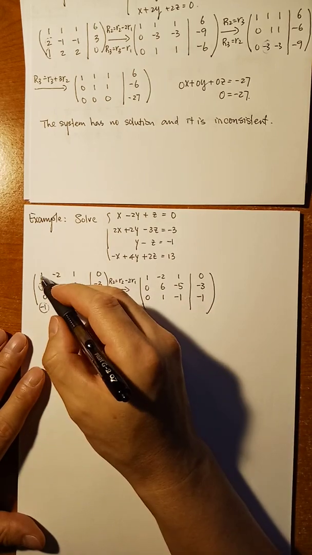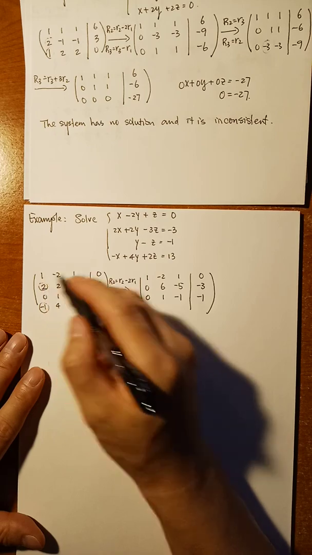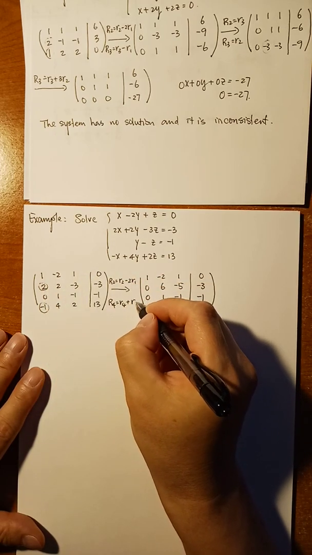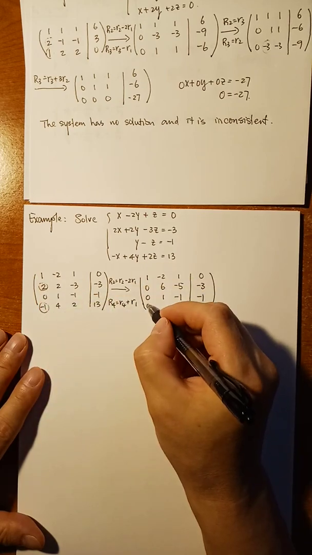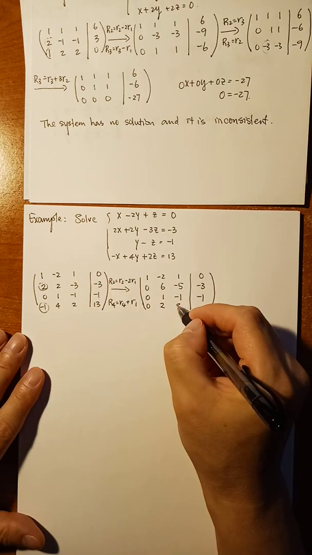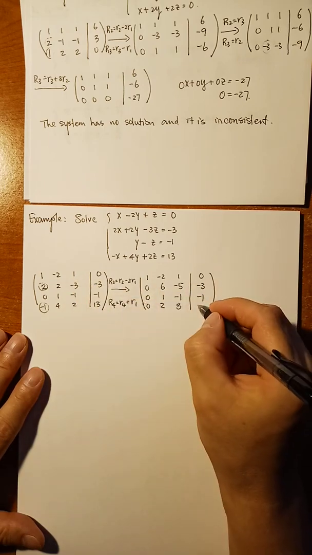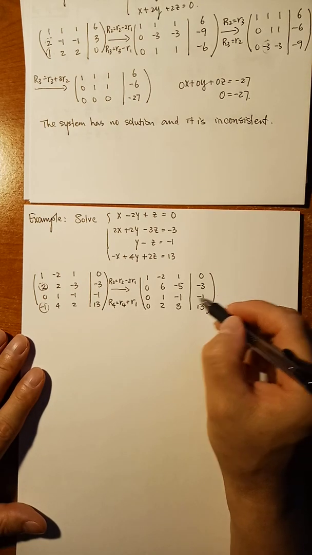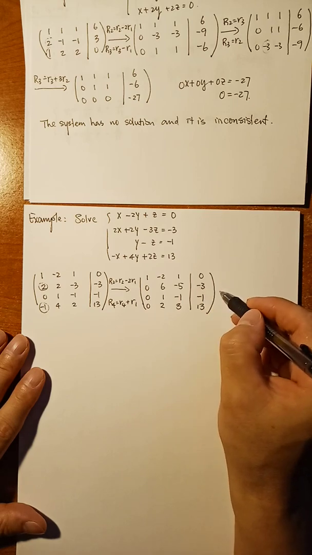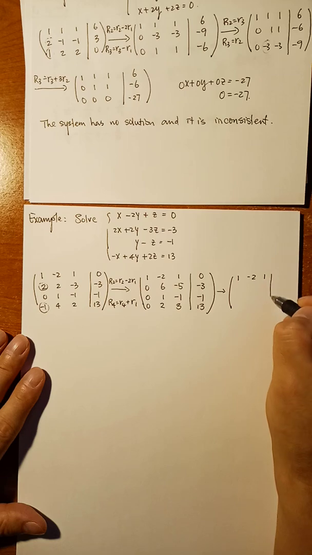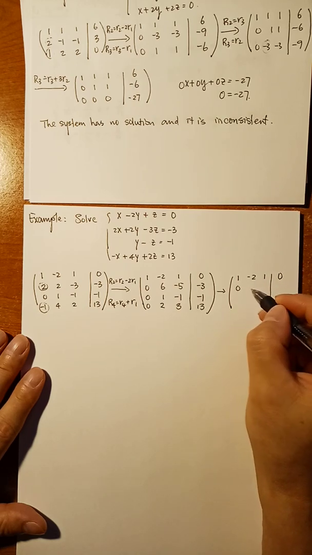Here's negative 1. We're going to add row 4 by row 1. 1 plus negative 1 is 0. So 4 plus negative 2 is 2. 2 plus 1 is 3. 0 plus 13 is 13. Okay, and then I'm going to interchange row 2 and row 3. I want 1 as the first non-zero entry in the second row.